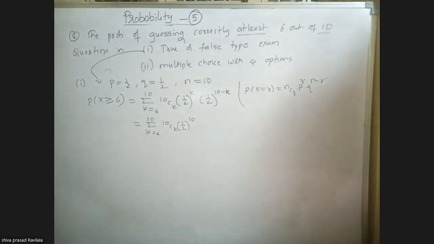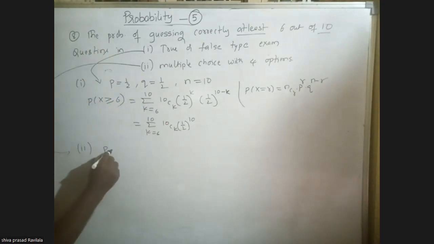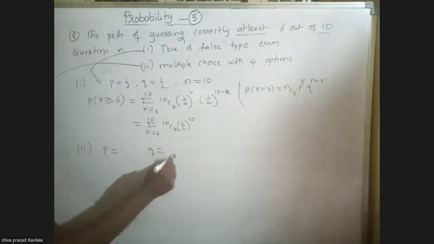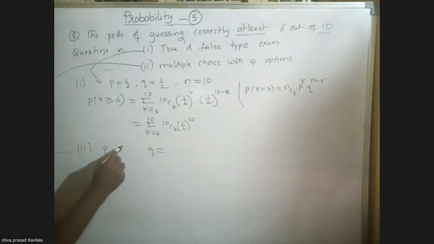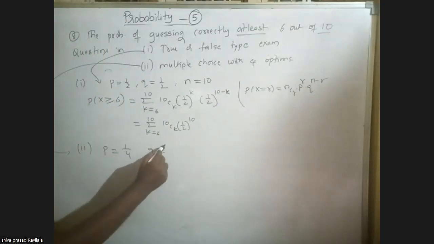And the second one, multiple choice with 4 options. What is the value of p? And what is the value of q? Success cases 1 by 4, and 3 by 4.